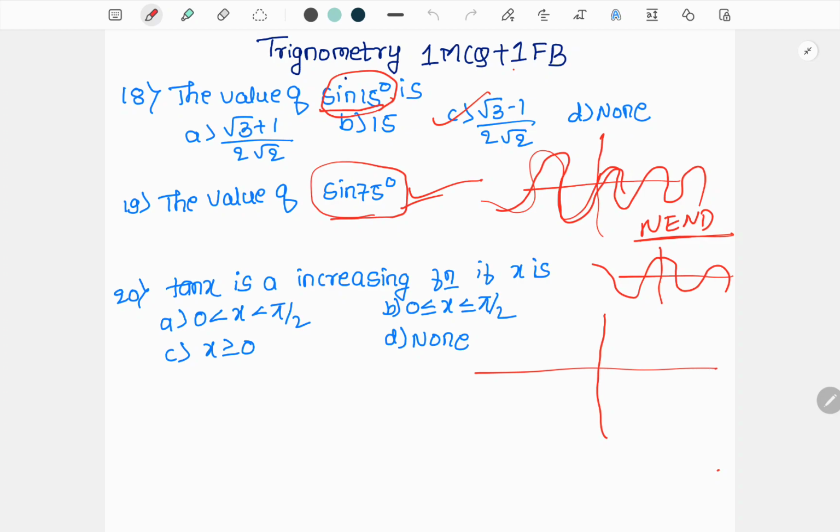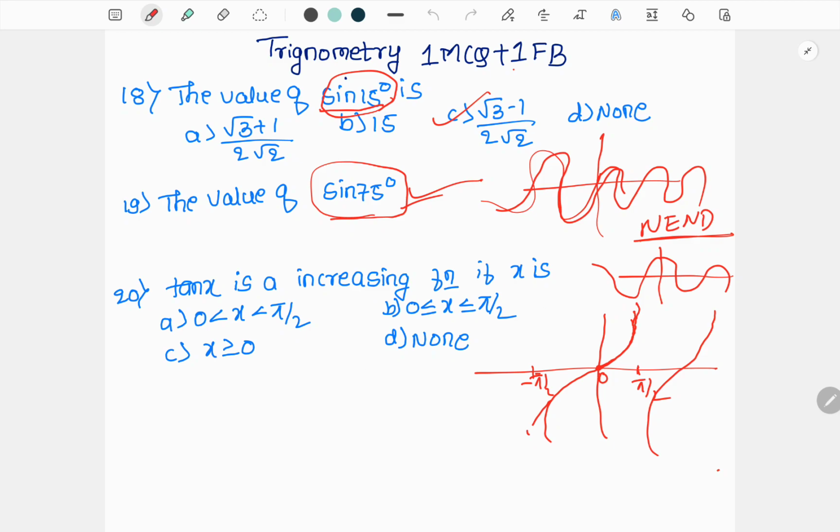But if you see the tan graph, tan 0 is 0. It goes to tan 90 degree, minus pi by 2. So the tan graph is like this. From 0 to pi by 2, it is increasing. But from minus pi by 2 to 0, it is also going up. And students, not only here, the graph is like this, it will continue.